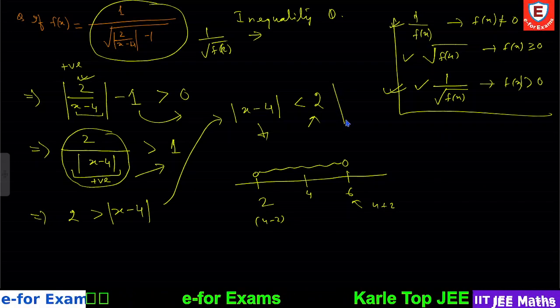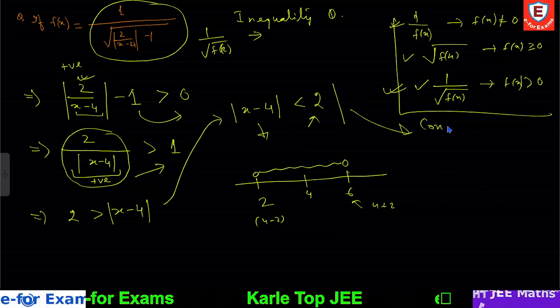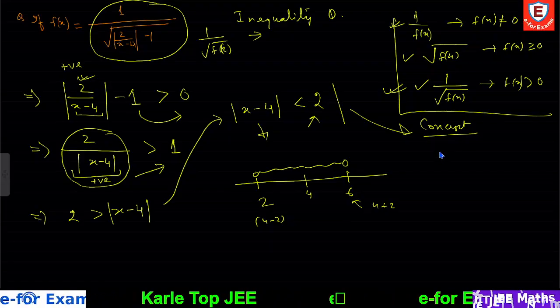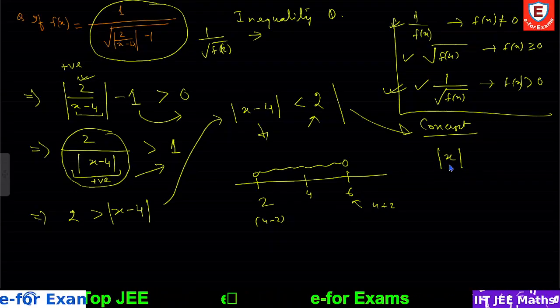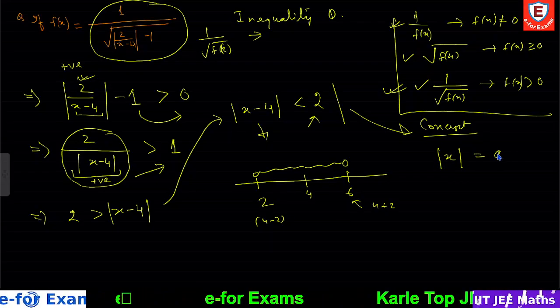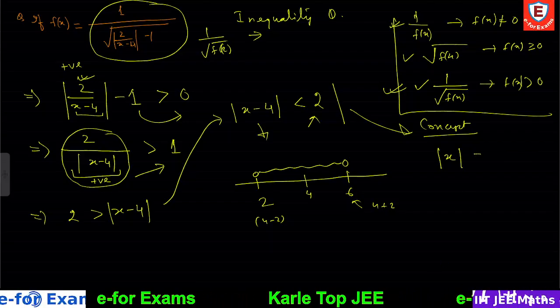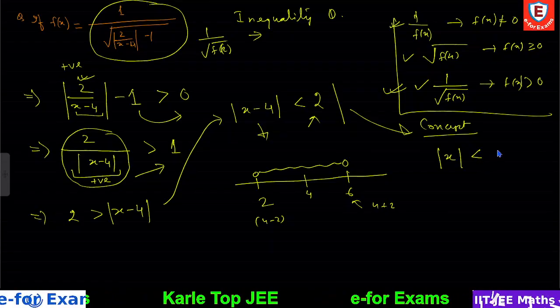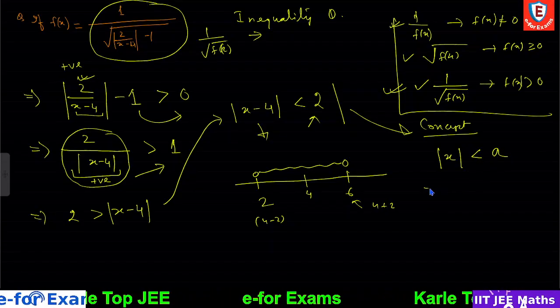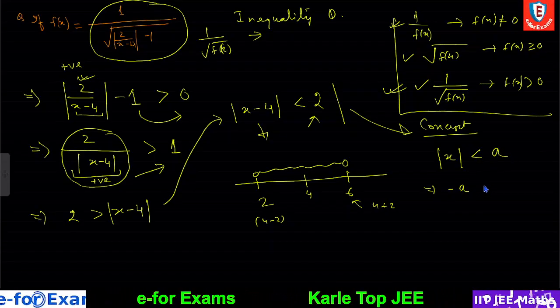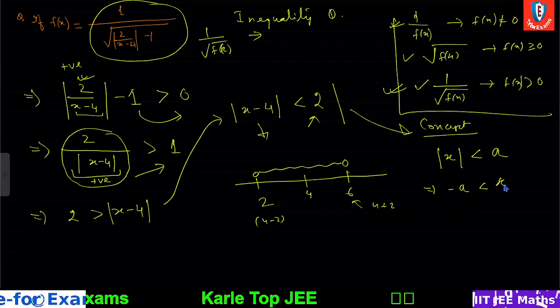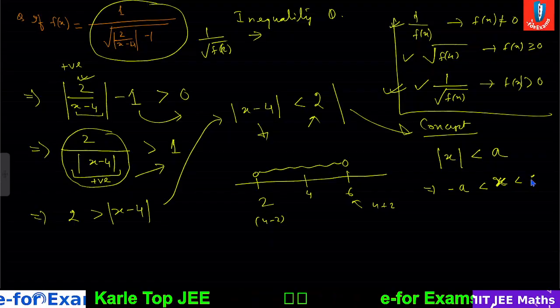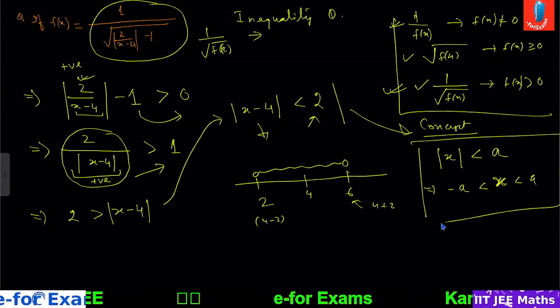See, the concept here is, if mod of x is less than a, this implies minus a is less than x less than a. You remember this one.